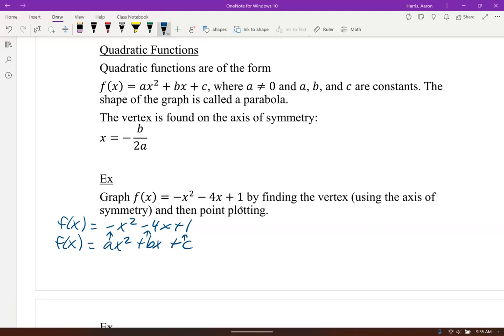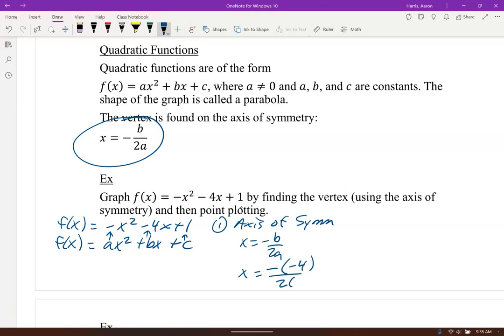So the axis of symmetry, number one, find the axis of symmetry, the middle of the graph, is x equals -b over 2a. Well, b is -4, a is -1. So this ends up being x equals +4 over -2.